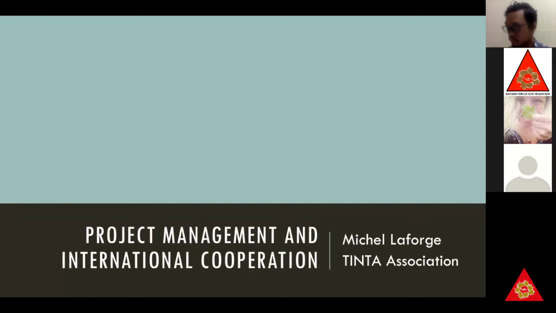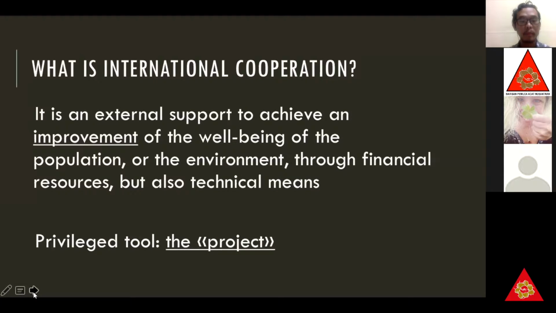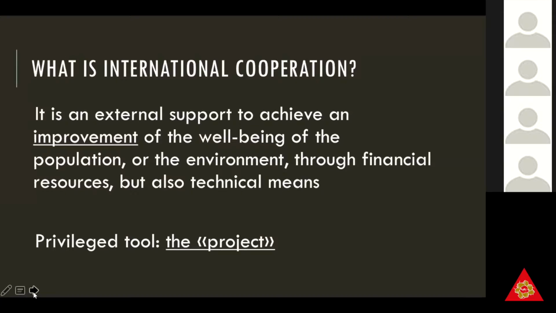So I begin by asking, well, what is international cooperation? First of all, we're talking about international cooperation when we talk about an external support to achieve an improvement of the well-being of the population or the environment through especially financial resources, but also technical means.